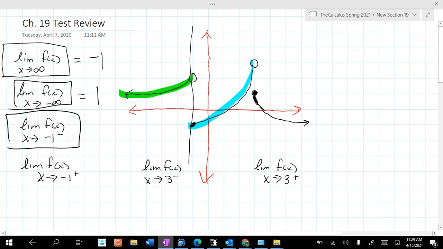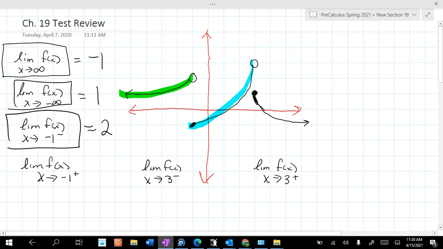Oh, that's the x. Okay. As we approach negative 1 from the left, are we green or blue? We're green. Okay? So as we're going towards negative 1, what is the y value it's approaching? Positive 2.